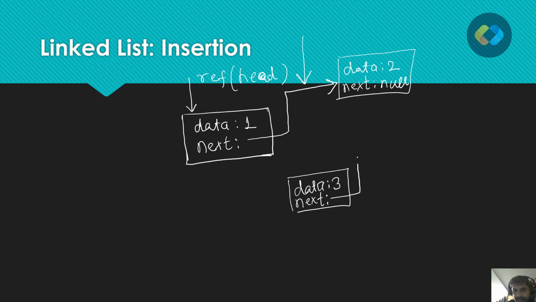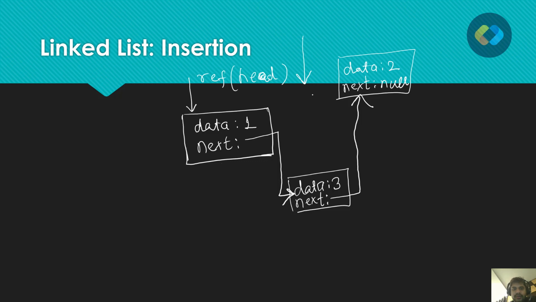This one has to point to this node, and we have to change this link and point this link to here, right? So this is the basic insertion operation in linked list. We'll see how we are going to implement it in code, but this is how it looks. So that's how we are adding the nodes. We are changing the links, and then we are just adding the nodes.